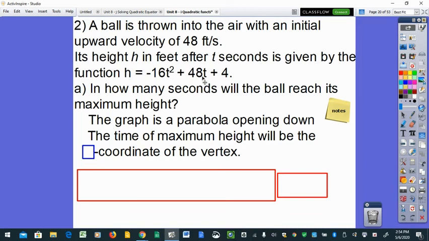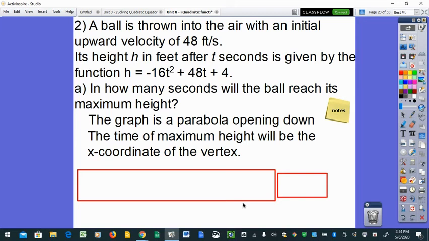It's going to rise up and then it's going to fall down. So the highest point will be at the vertex. The time of that maximum height will be which coordinate, guys? Think about it. It's going to be the x coordinate. So what I need you to do right now is please find the x-coordinate of the vertex of this quadratic function. Pause the video, see what you can do.